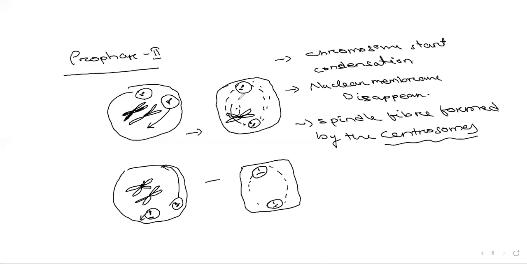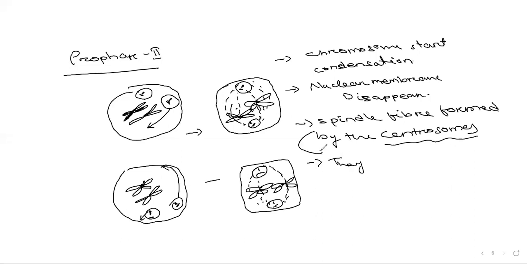Okay, this may attach with this, or this may attach with this. So here the spindle fiber comes in contact with the kinetochore of the chromosome. So the spindle fibers are formed by the centrosome and they attach here.